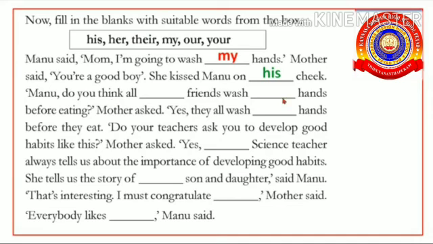Manu, do you think all your friends wash their hands before eating? Mother asked. Here, mother asked Manu, do you think all your friends wash their hands before they eat?